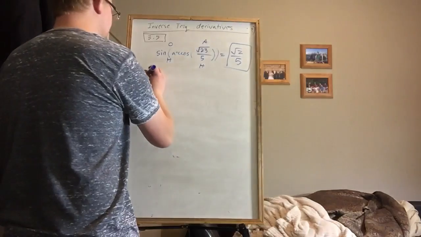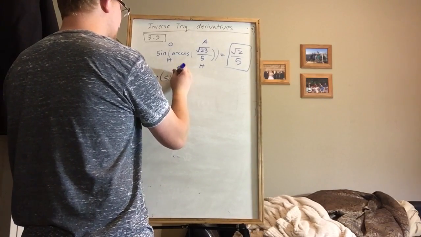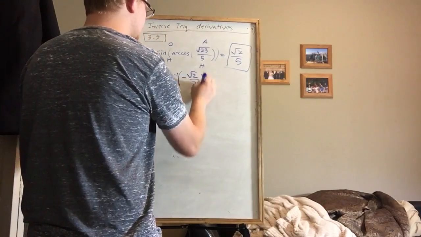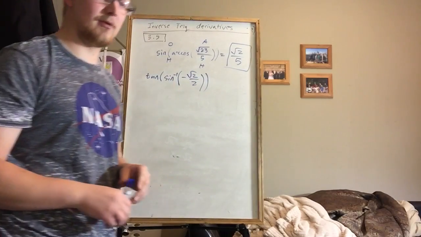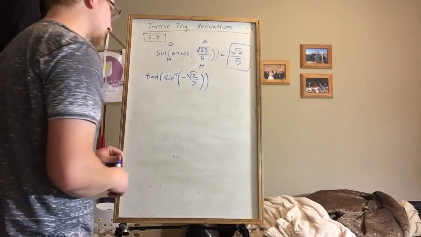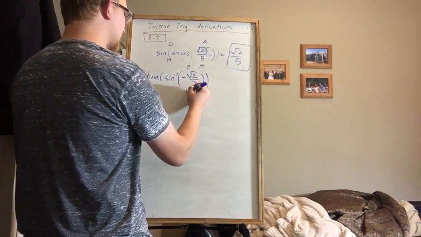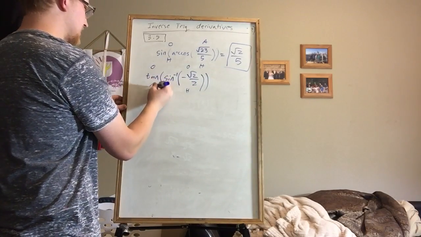Alright, so if I have tangent of the inverse sine of negative root 2 over 2, I'm going to write it the way they do. Remember, we could write this as arc sine instead of sine to the negative 1. I know sine is opposite over hypotenuse, and tangent is opposite over adjacent.